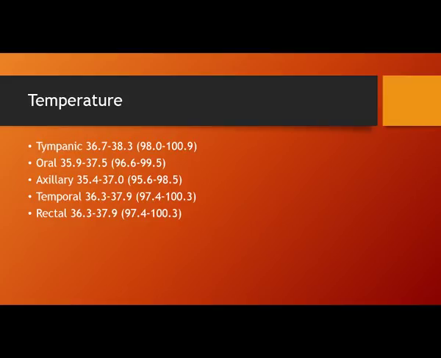So don't think, well, I got this rectally, so I'm going to subtract a degree, or I got this one orally, so I'll just leave it as is. Just leave the temperature, give the number as you got it, and then state somewhere in your charting how you got it.